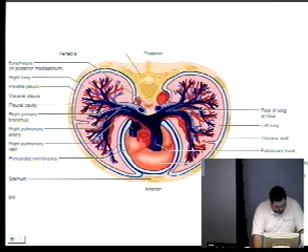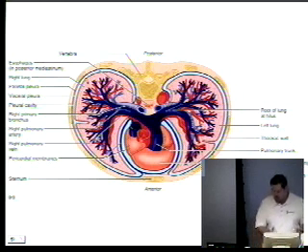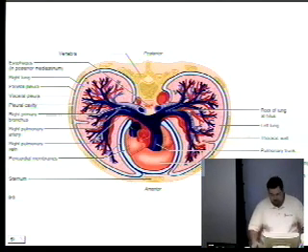In red, we have the visceral pleura. In blue, we have the parietal pleura. And then between the two, we have the pleural cavity. And the pleural cavity isn't empty. It's filled with a serous fluid that provides lubrication for all the structures involved so they don't kind of stick together.